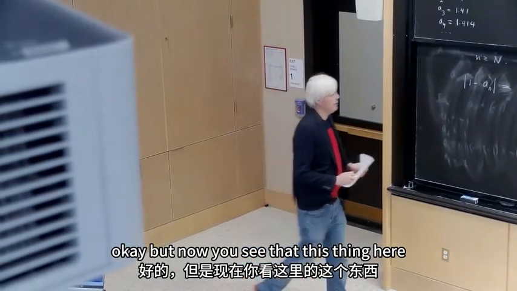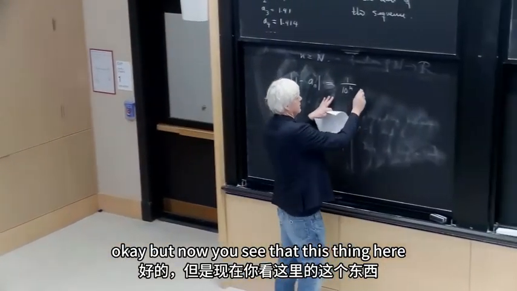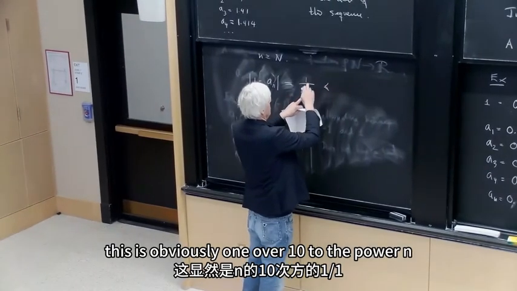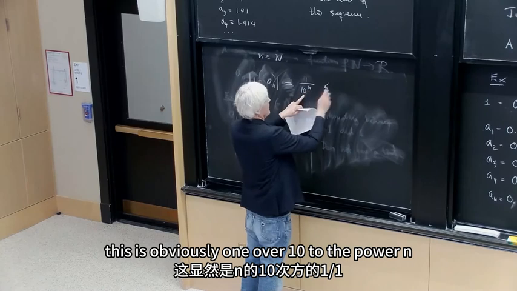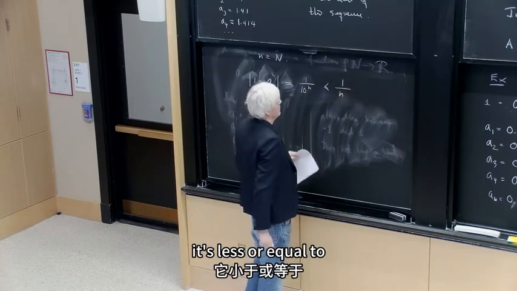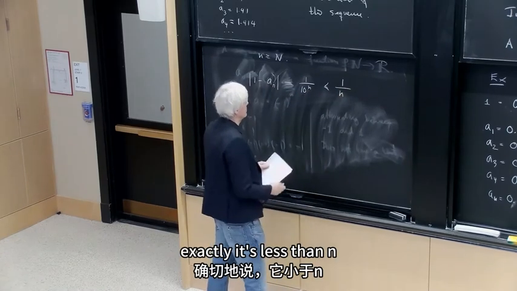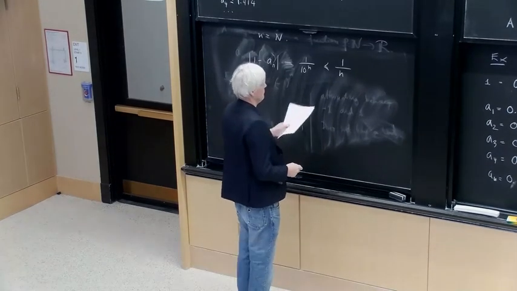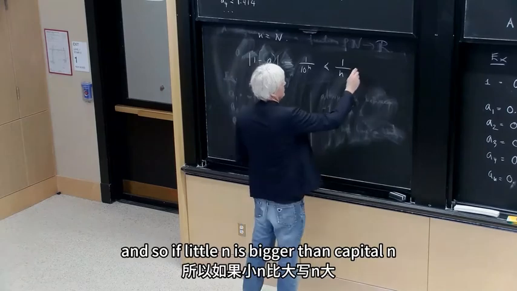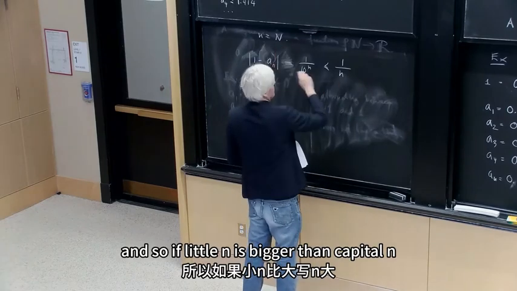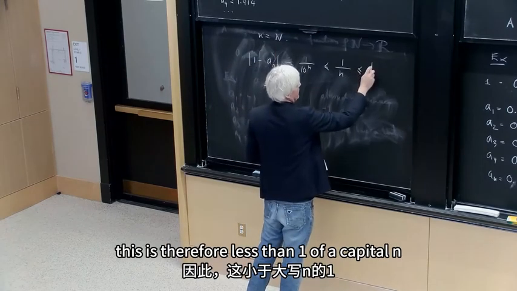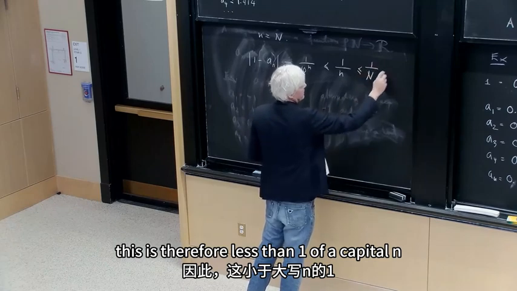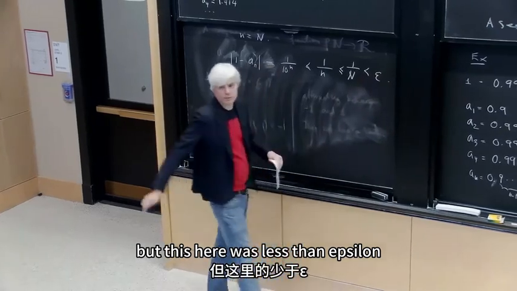Okay, but now you see that this thing here, 1 over 10 to the power n, is less than or equal to 1 over n. And so if little n is bigger than capital N, this is therefore less than 1 over capital N, but this here was less than epsilon.